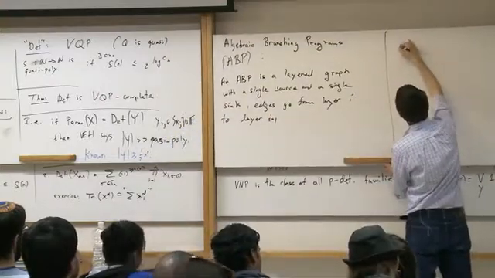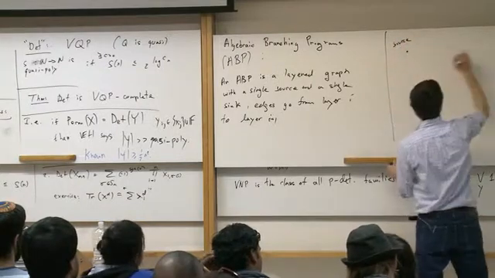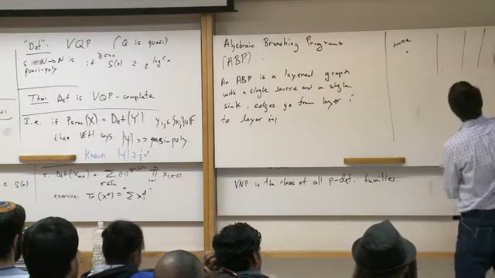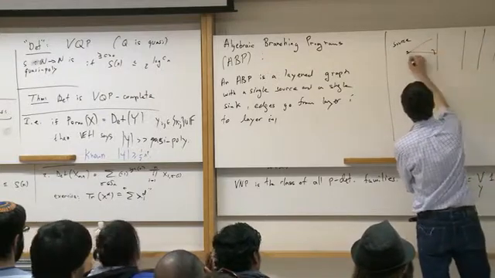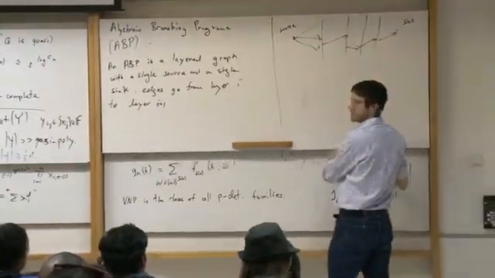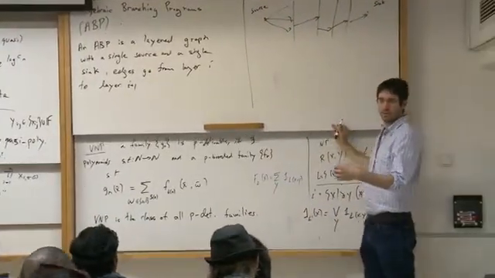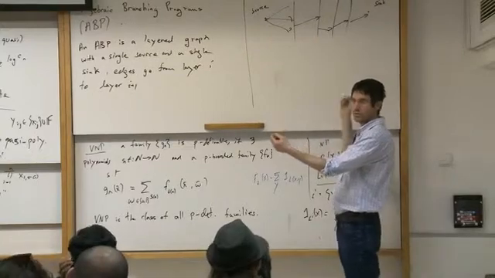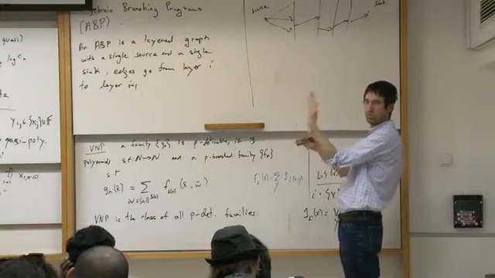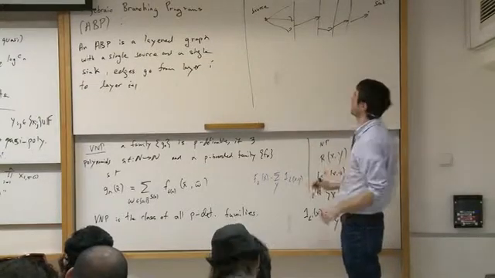Okay, so maybe I'll draw an ABP here. So that can be the source. Here we can have a sink. And here we have layers. And edges can go like that. Okay, so it's a layered graph. We have a source, we have a sink, and edges go directed from the source towards the sink, and they can only go between consecutive layers.